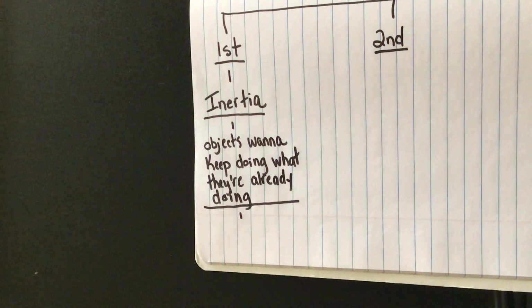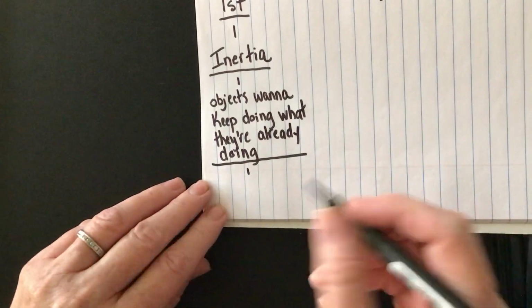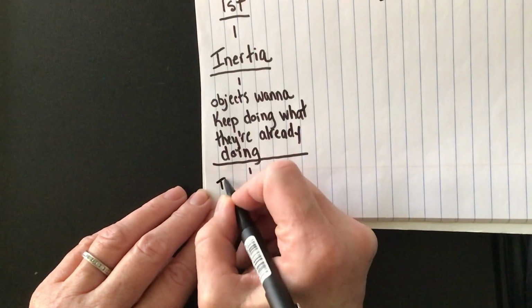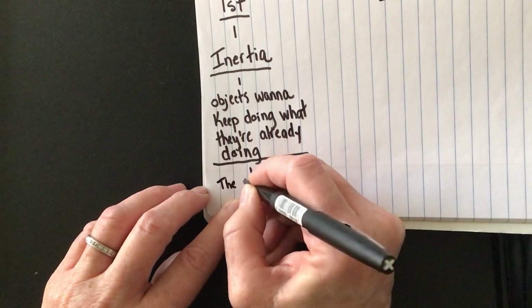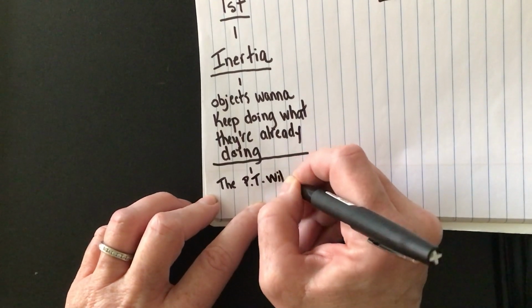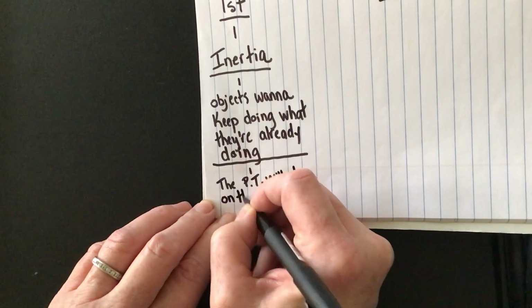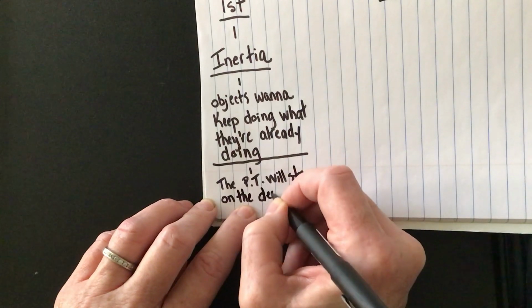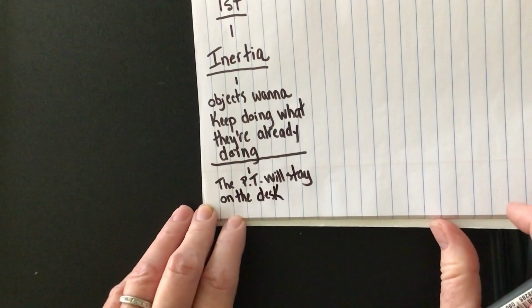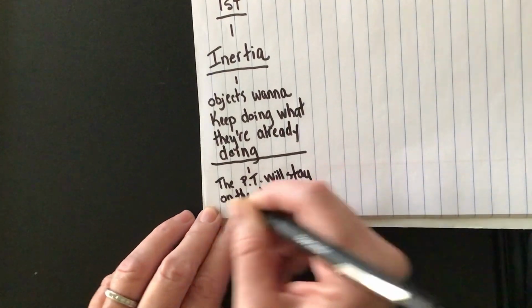So the periodic table that's sitting on your desk, it's going to stay there until what? We move it. Exactly, until you move it. And we're going to use that periodic table in a minute. So the periodic table will stay on the desk until I move it.